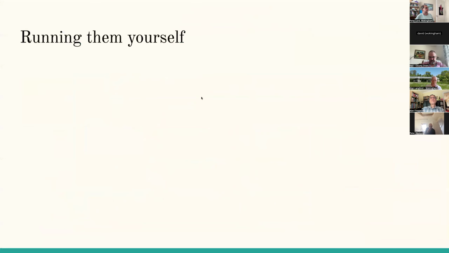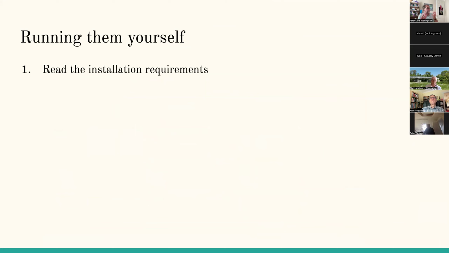Right. So, first demo. Read the installation requirements. I know it sounds silly, but if you're going to play with this, this is not installing your average desktop app. You need to know what hardware you've got and what you're doing.